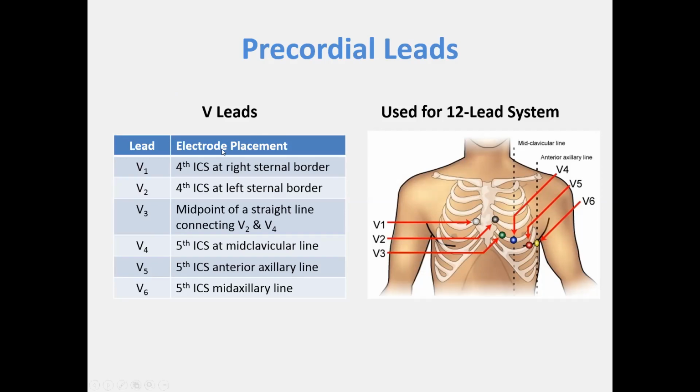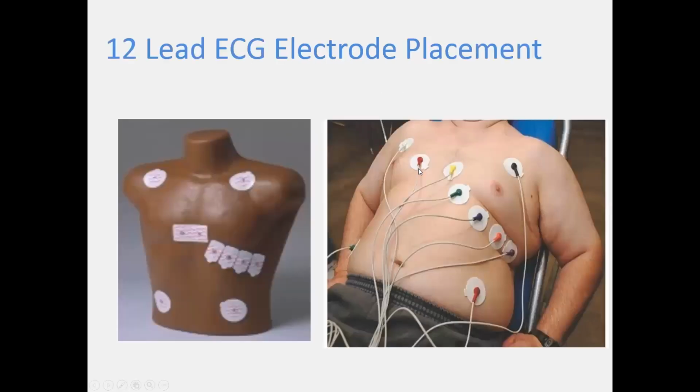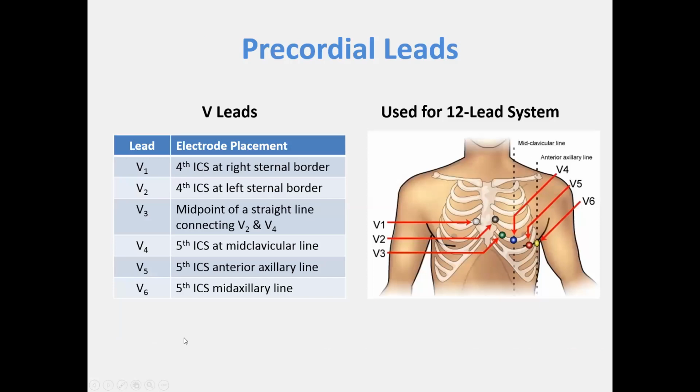This is where you place the electrodes. So this is the electrode placement on this chart here. But basically, this is V1, and it's going to be labeled V1, V2, V3, V4, V5, V6. So it shows you on that table where to place the leads.